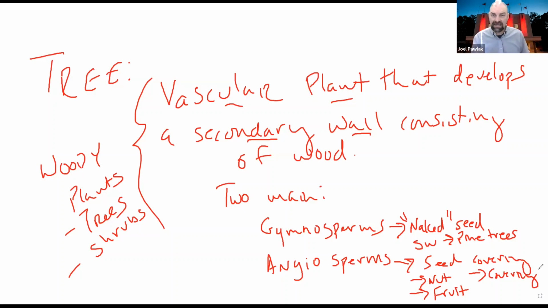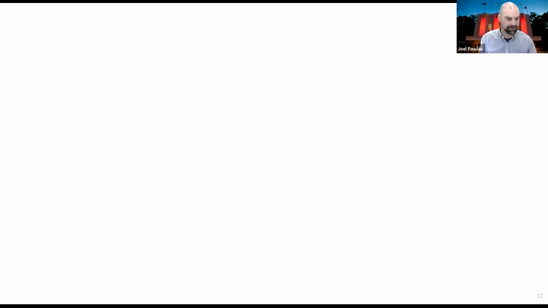So the seed itself is covered by something, whereas the gymnosperm seed is not covered by something. And that's really the difference between our hardwoods and our softwoods, right? So this is this anatomical difference that you have there, and the classification is based on the seed and how it exists out there, right? So we have gymnosperms and angiosperms.